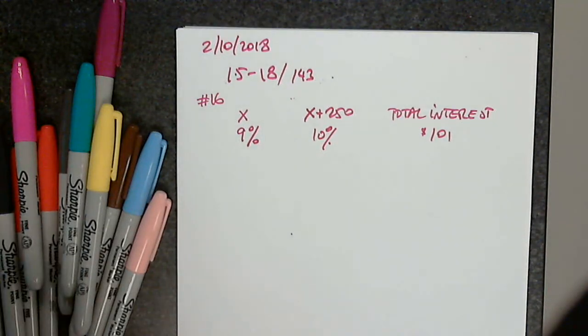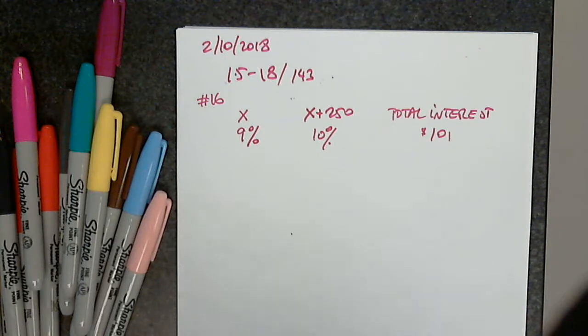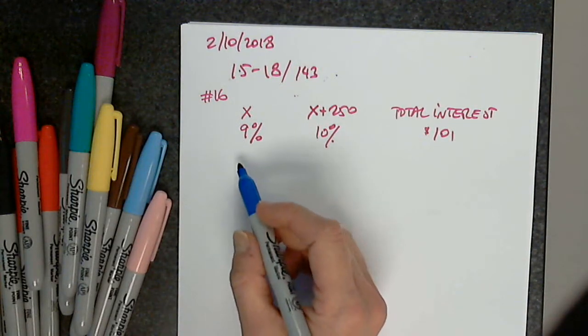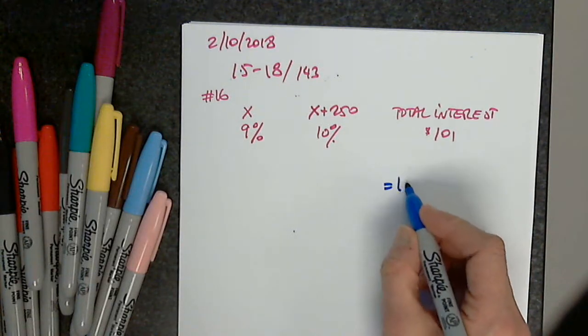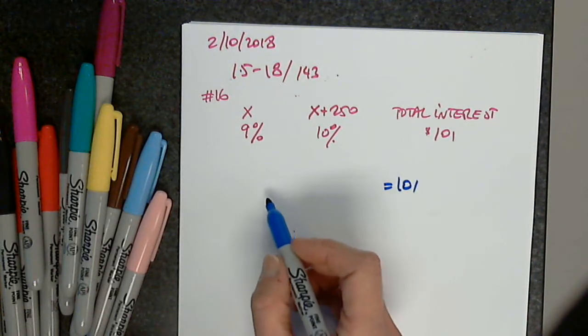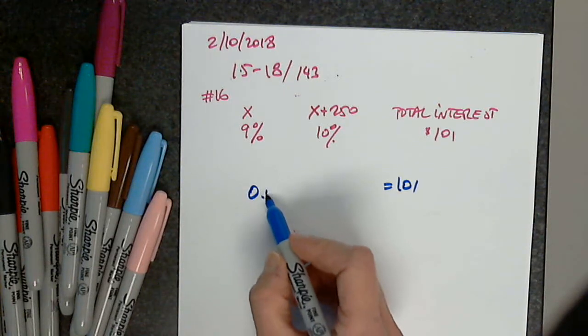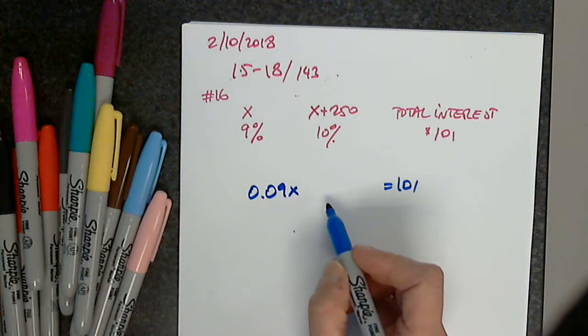So, can anyone help with the equation? 101 equals 0.09x. Careful. Oh yeah, that's right.